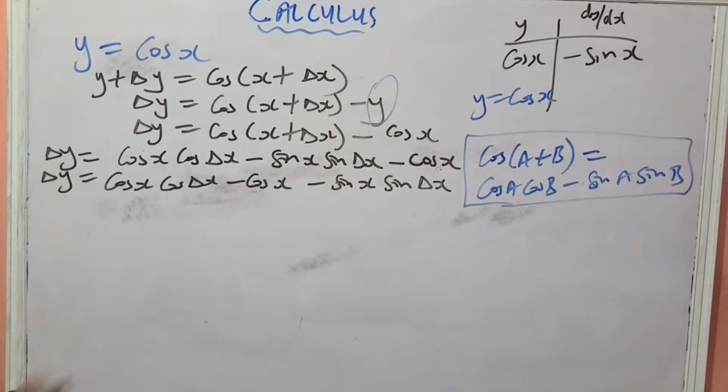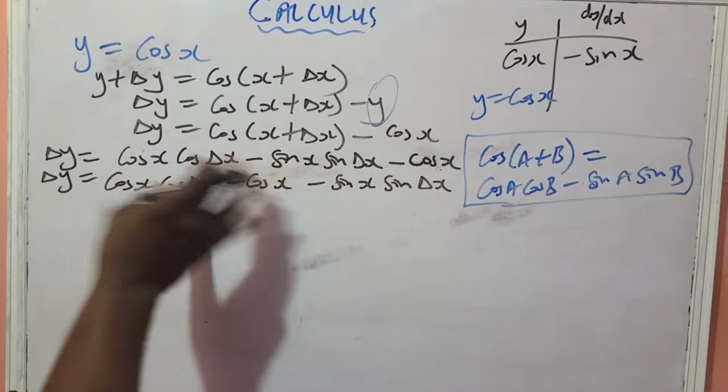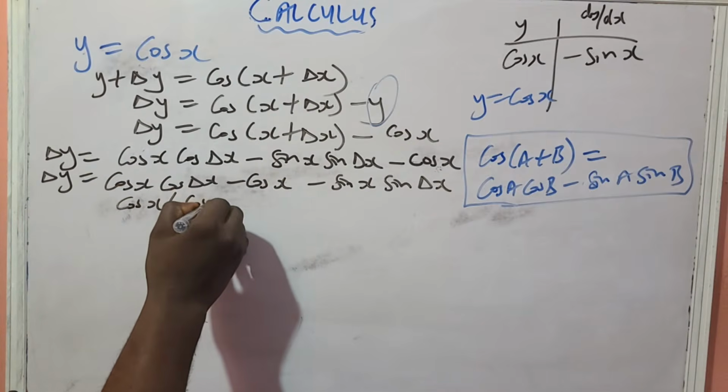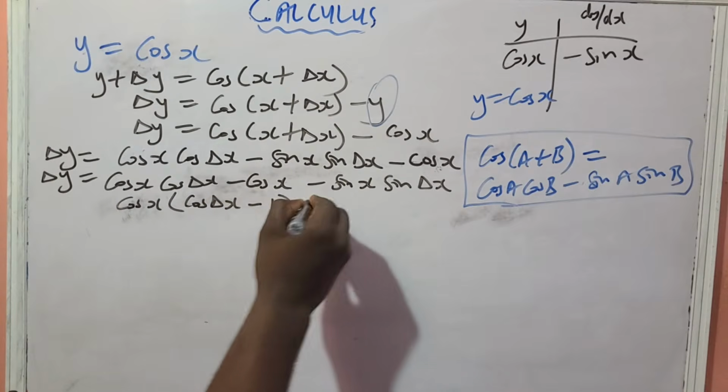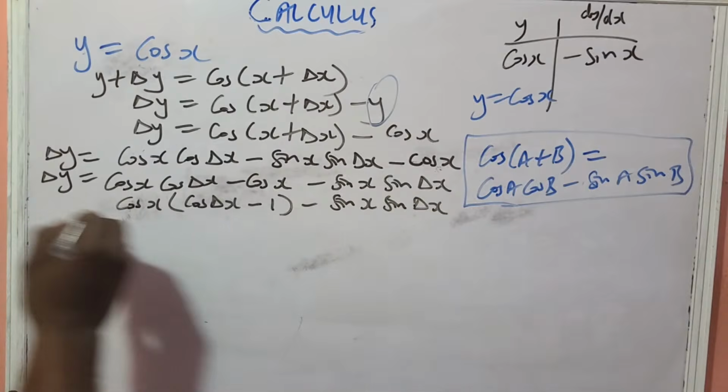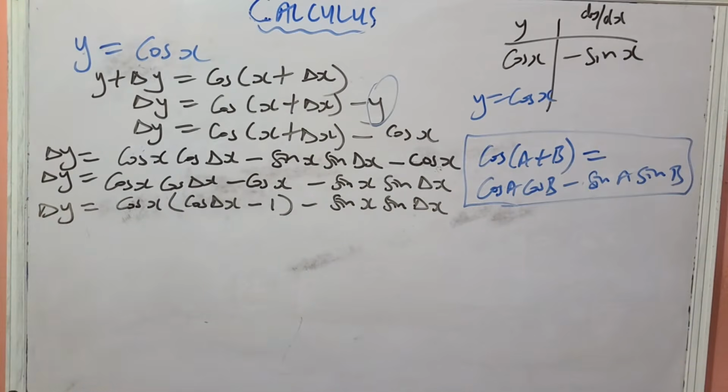All right, I just rewrote it in a much proper way. Now I want to factorize cos x out. I'll be left with cos dx minus 1, minus sine x sine change in x. This is all change in y. I'm sure you can follow through on what we are doing.